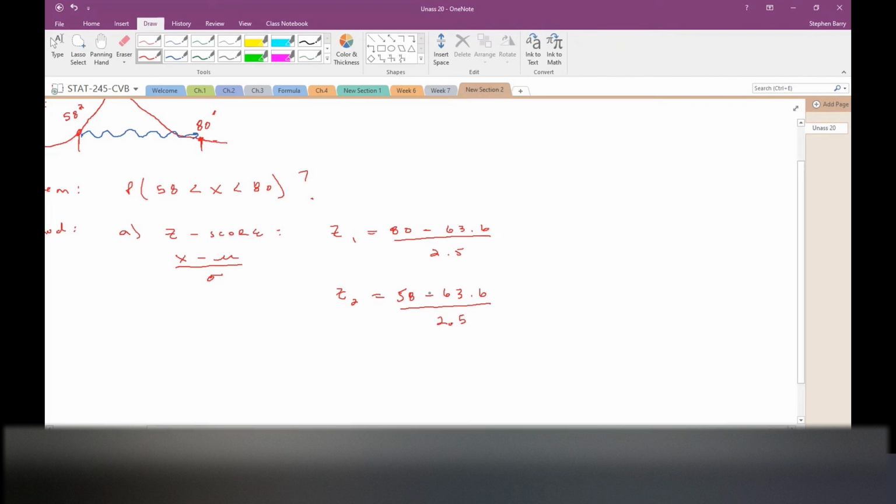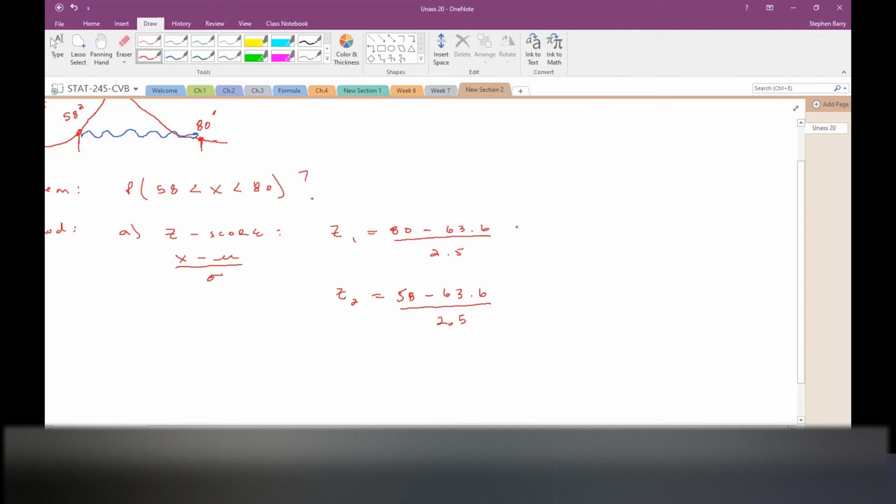Okay, so we need a calculator. So I'll use my calculator here. 80 minus 63.6, divided by 2.5. So here I get a huge z-score.